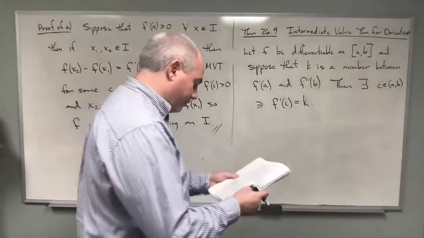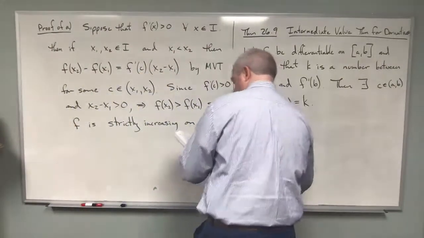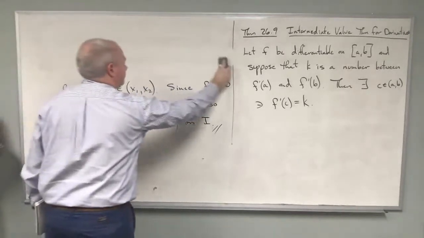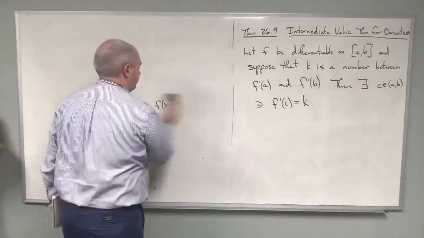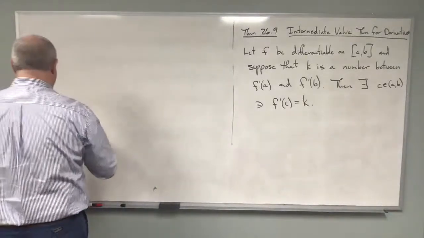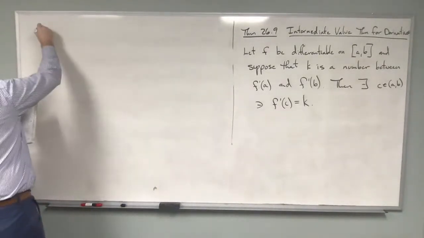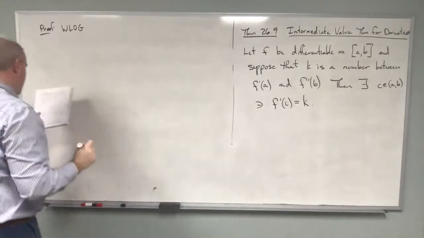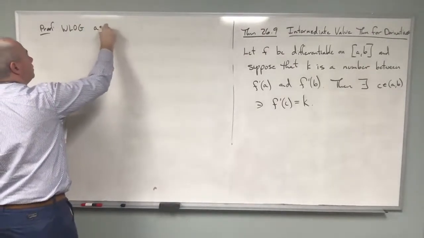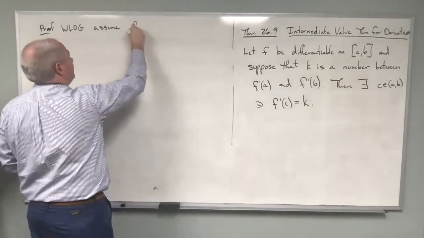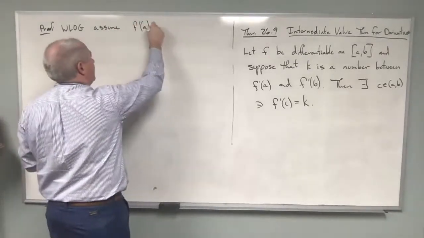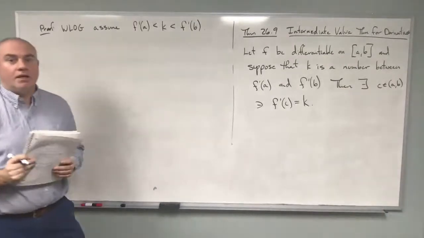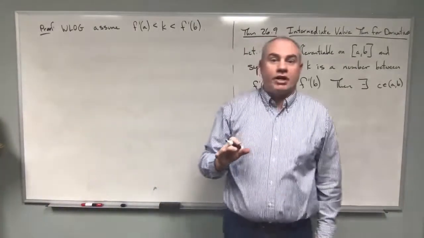Okay, so let's prove this. Proof. So without loss of generality, let's assume that f prime of A is less than K is less than f prime of B. Now, what's the without loss of generality for?